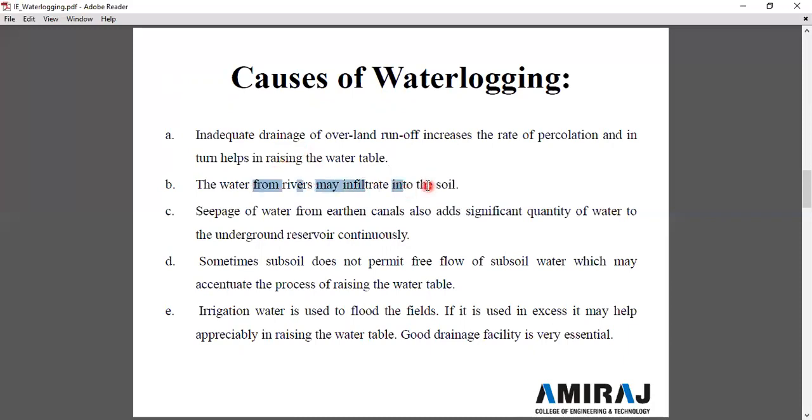Water from a river may also infiltrate into the soil due to excessive rain or other natural phenomena.